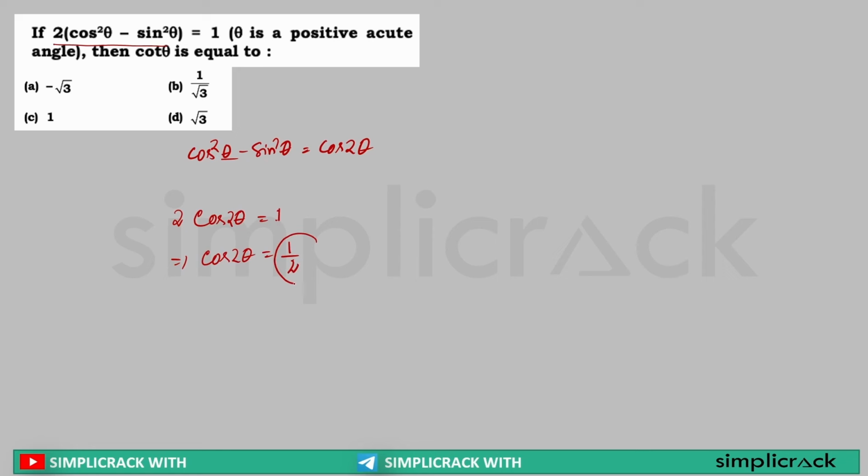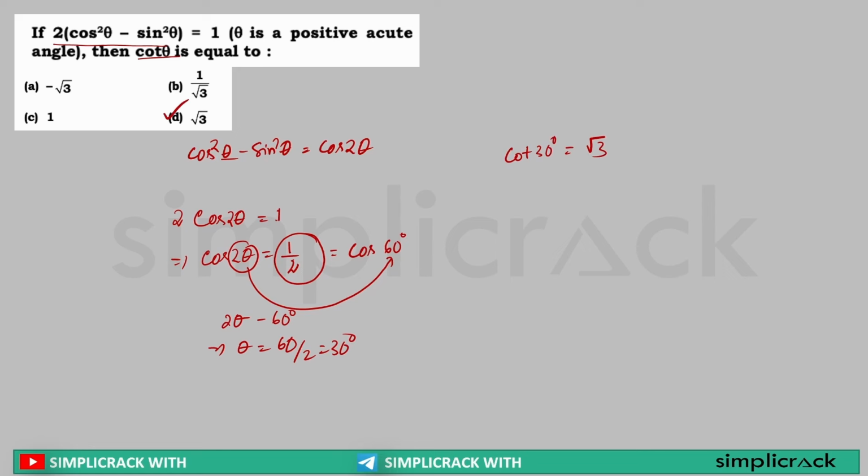I know cos 60 degrees is 1 by 2. That means 2 theta is equal to 60 degrees, so theta is equal to 60 by 2, that is 30 degrees. It is asking the value of cot 30. Cot 30 degrees is equal to root 3. Answer option D. Are you getting the point? Direct formula based question. Okay, next.